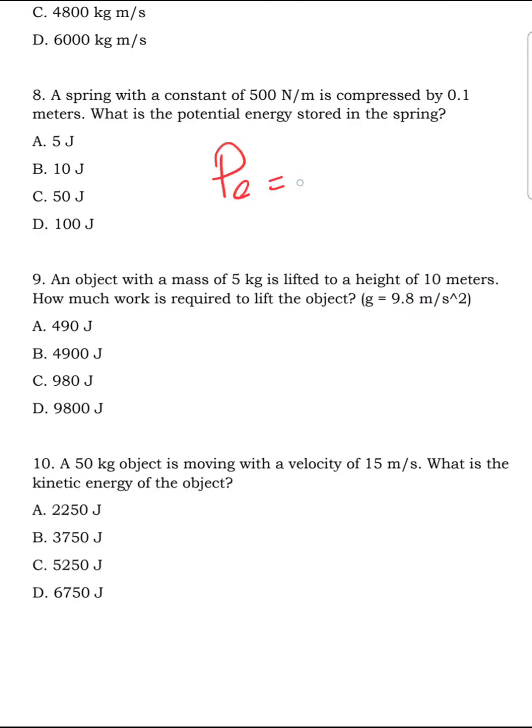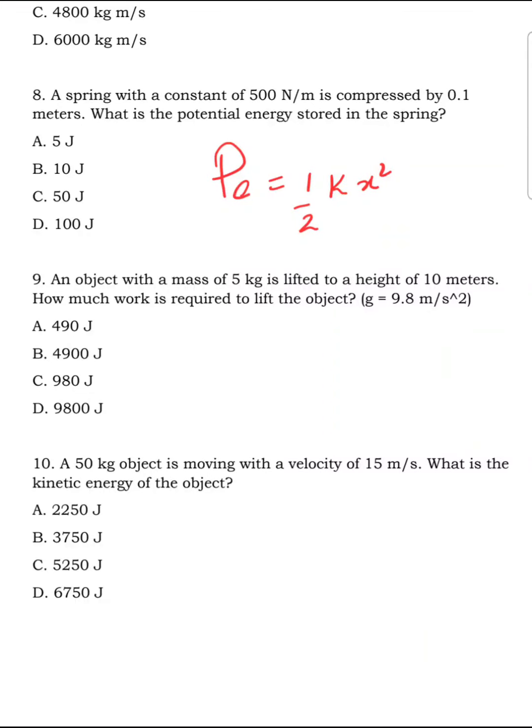Potential energy. Now, the potential energy of a spring, this is where I want you to pay particular attention. How do we find the potential energy of a spring? If I take you back to Hooke's law, we have something to do with kx, where x is the extension.